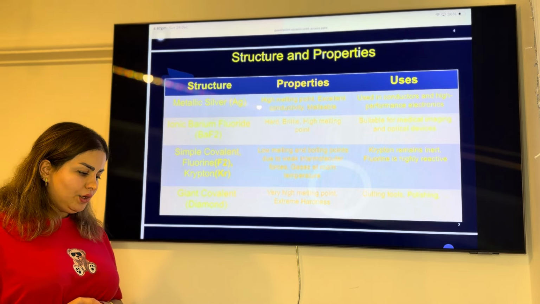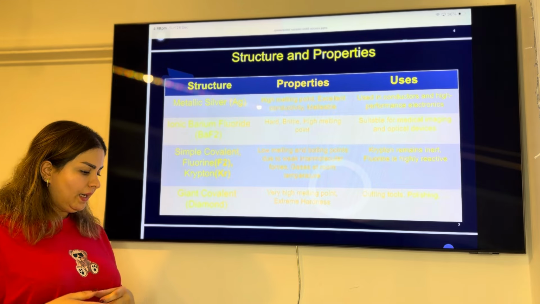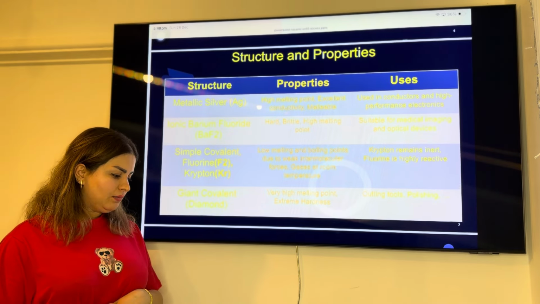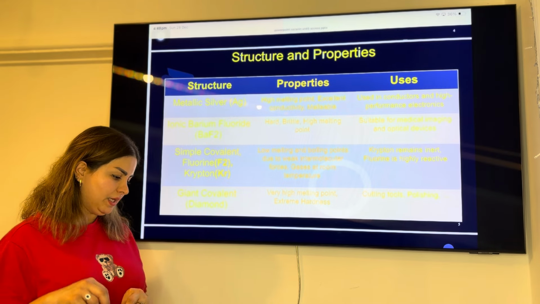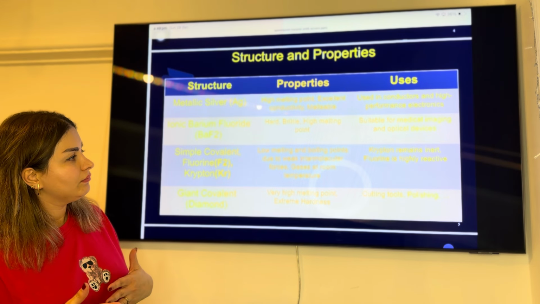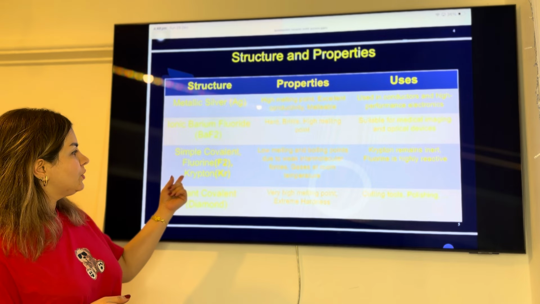Small covalent molecules like fluorine and monoatomic gases like krypton have low melting points and low boiling points. That's why we can use them in different things where we need reactivity.